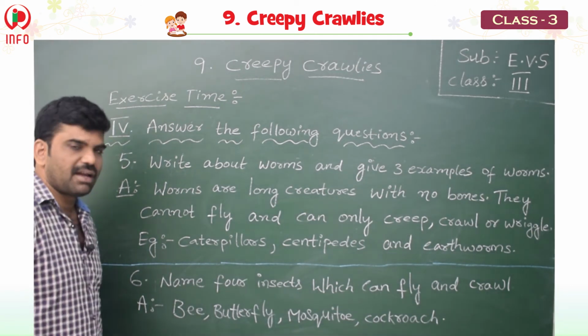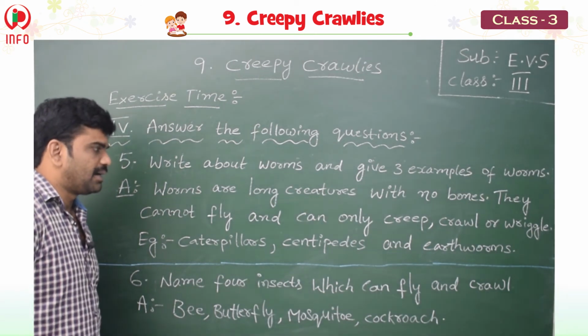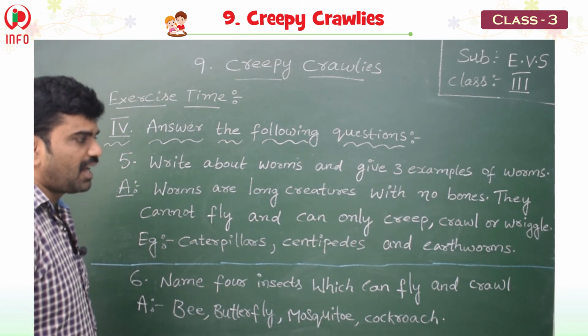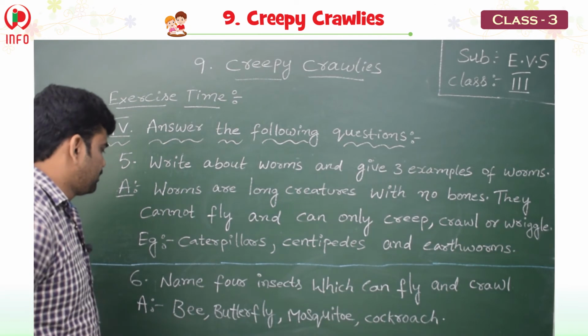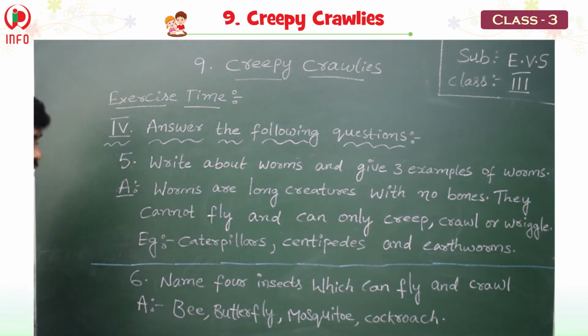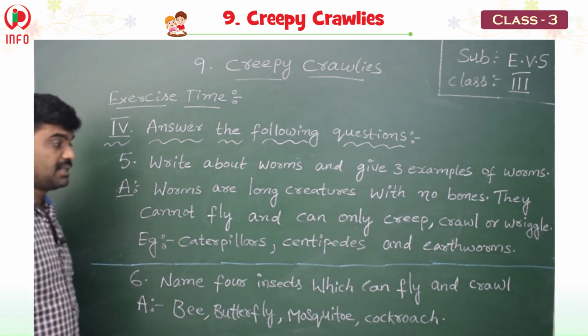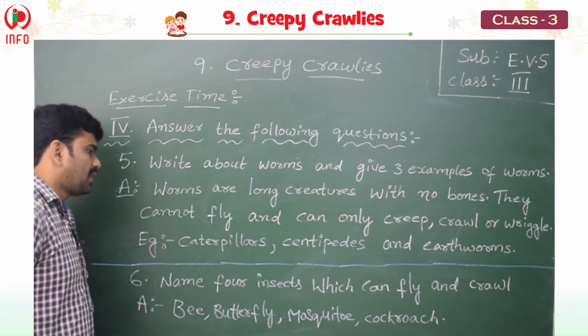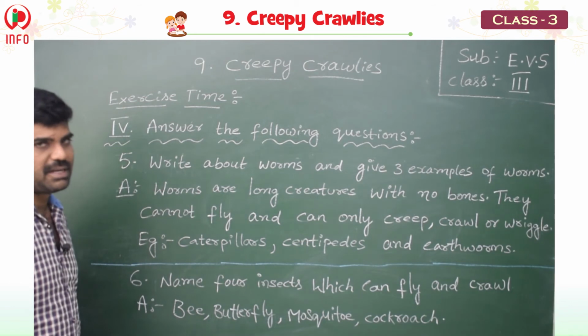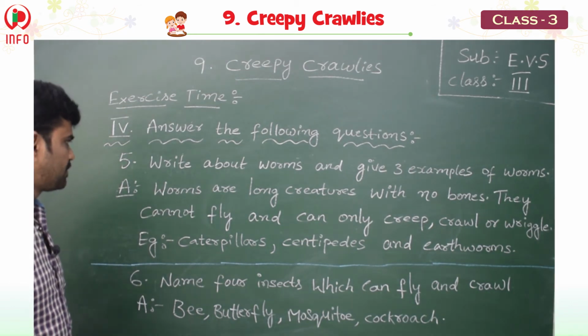Children, can worms fly? No. They can only creep, crawl or wriggle. Wriggle means like this. This is the wriggling movement. Examples are caterpillars, centipedes and earthworms.